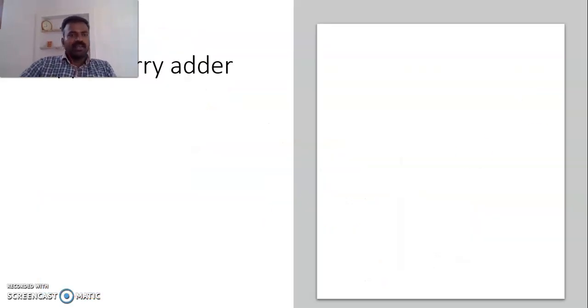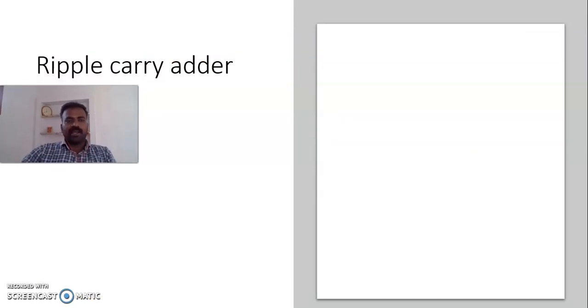And next thing, ripple carry adder. What do you mean by ripple carry adder? So far we have been discussing half adder and full adder. In half adder, 2 values are added, that is A, B is added. In full adder, A, B, C is added. If suppose I want to add more than 1 bit, let me take the example 1 0 1 and 1 0 1.